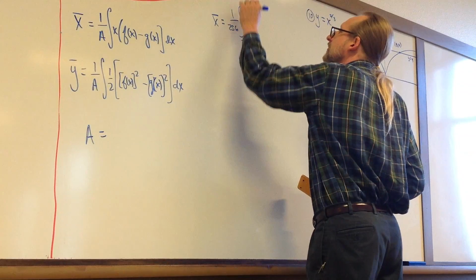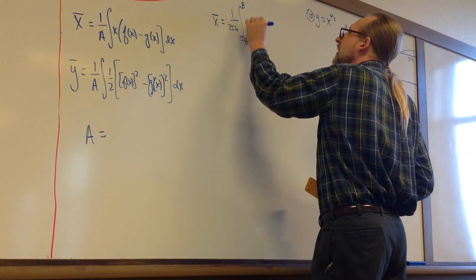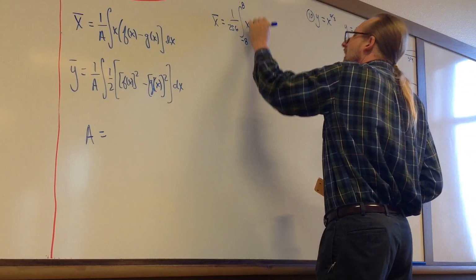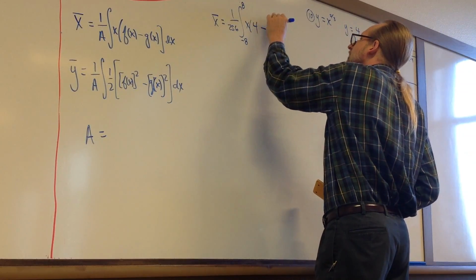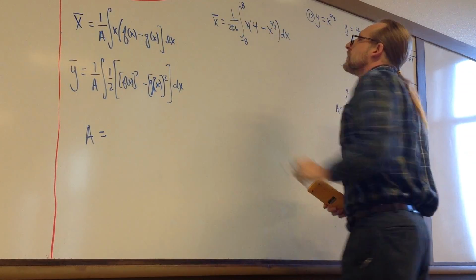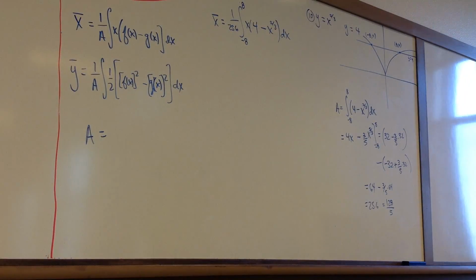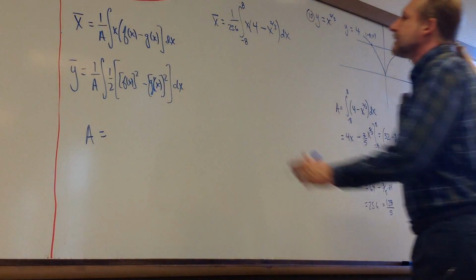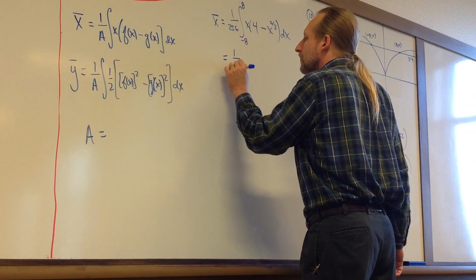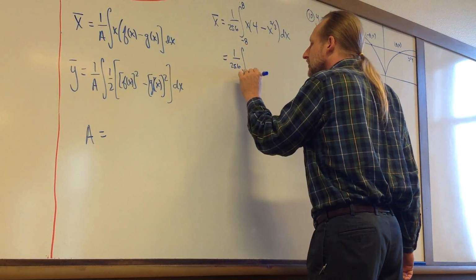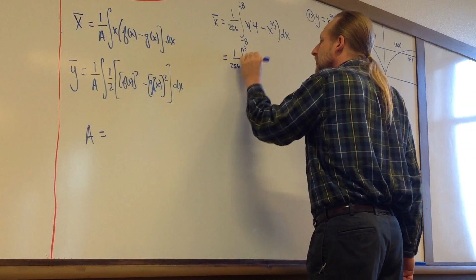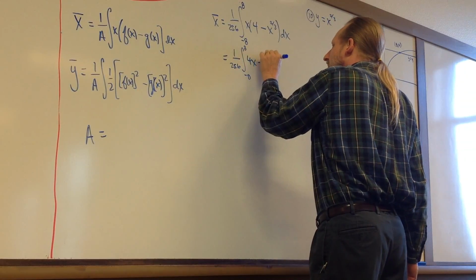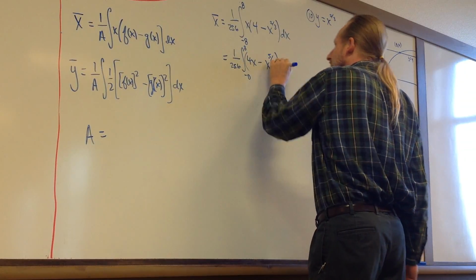Then we want to integrate from -8 to +8. x times f is 4, g is x to the 2/3. So 1 over 25.6, -8 to +8. That'll be 4x, and then x to the 5/3.